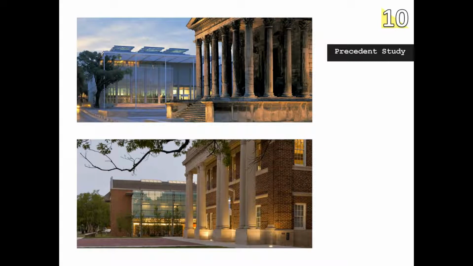So precedent means what comes before. On the bottom, you see our School of Architecture. In the very early planning stages, the architects for our building used the project on top, a Roman temple in France, flanked by a contemporary art museum.